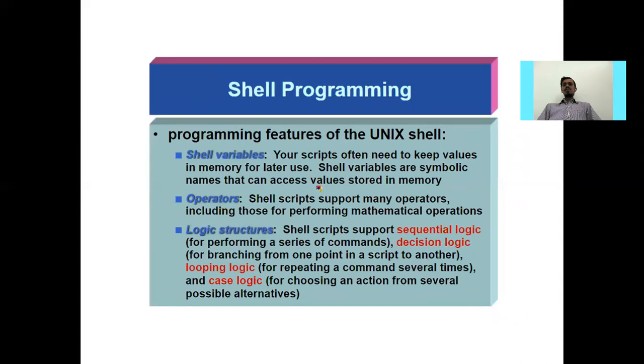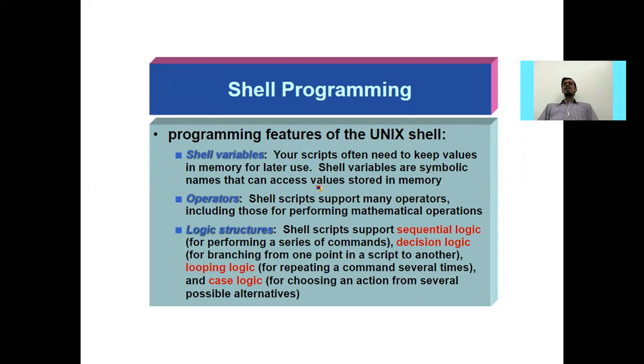The programming features of the Unix shells are, first, shell variables. Your scripts need to keep values in memory for later use. If we want to use the values in memory for later use, we use shell variables.